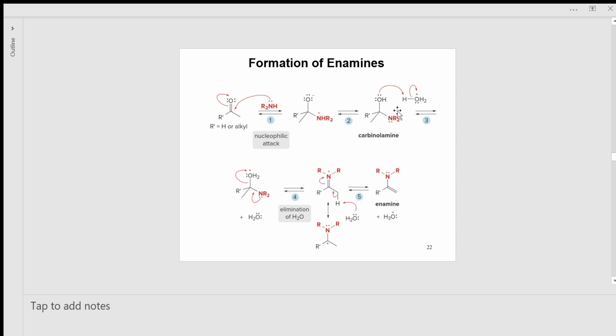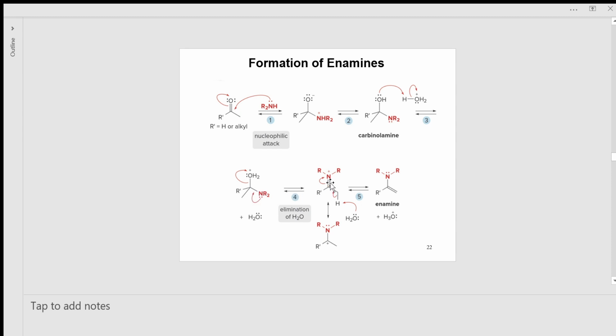The next step is also similar to imine formation, the protonation of the hydroxyl group to form a very good leaving group. Whenever we form a very good leaving group of water here, the lone pair electrons fill this position to form a carbon-nitrogen double bond.